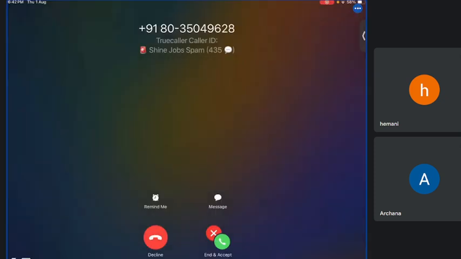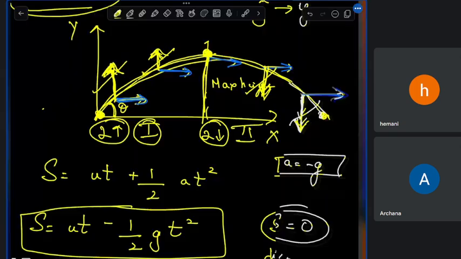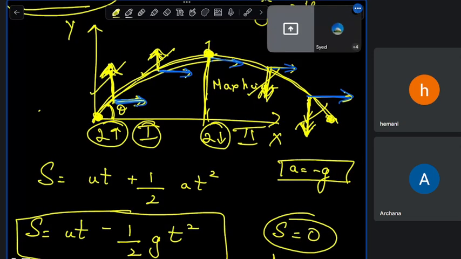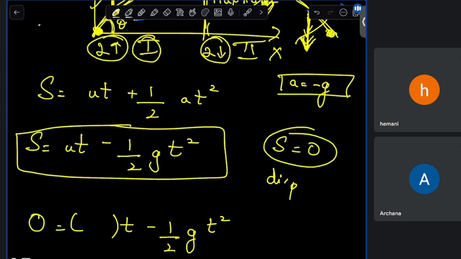Now understand, theta is very important. S becomes 0 and theta also has been playing an important role there.